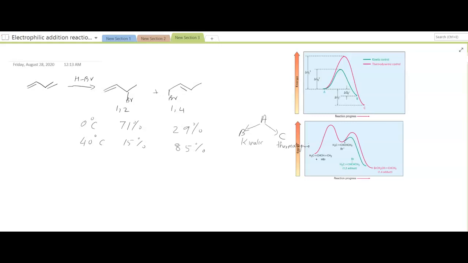However, at higher temperature, most molecules can have enough kinetic energy to overcome either of the transition states, and the two products are in equilibrium with each other, and the more stable product will be formed, which is the one that is of lower energy.